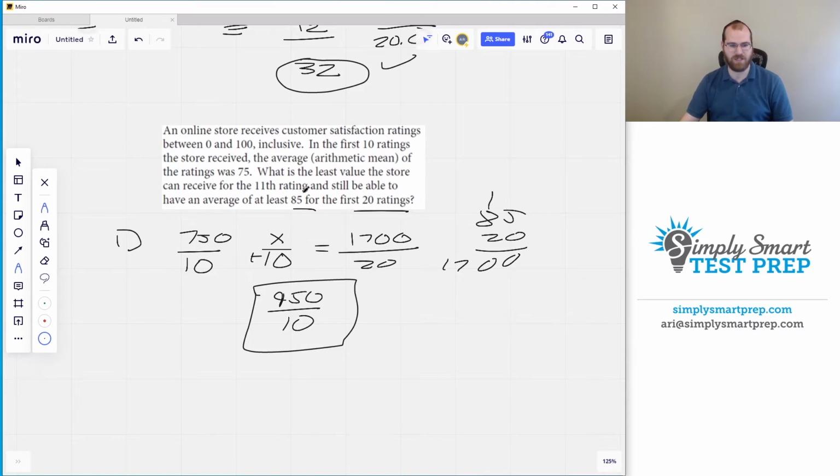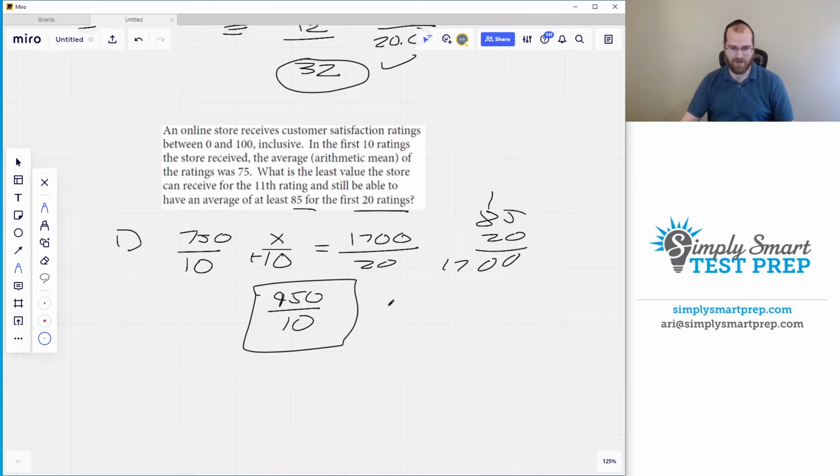And now I could proceed to the second part of the problem, where we're asking what is the lowest value you can get for the 11th rating and still be able to have an average. So I need 9 values here that are going to maximize and 1 value that is going to minimize, and it's going to equal 950 total.